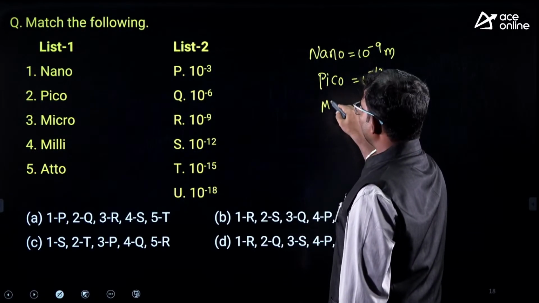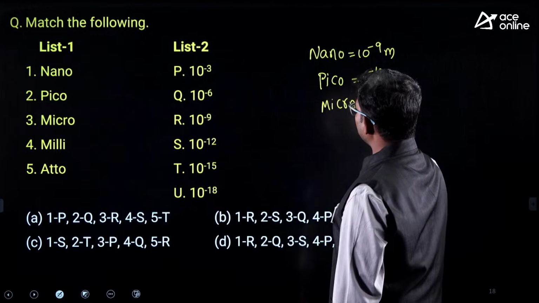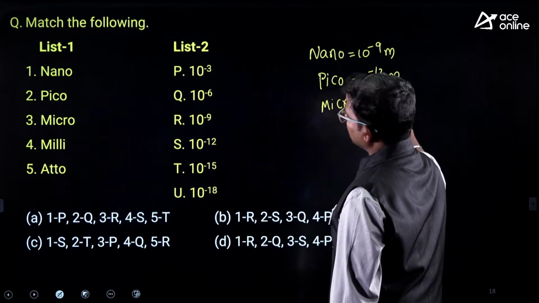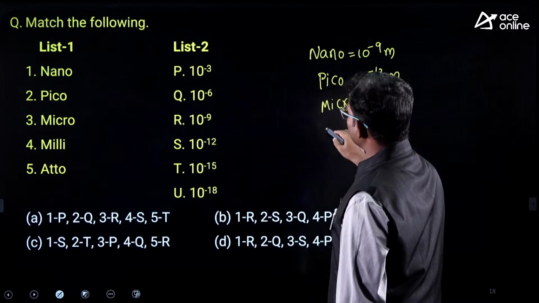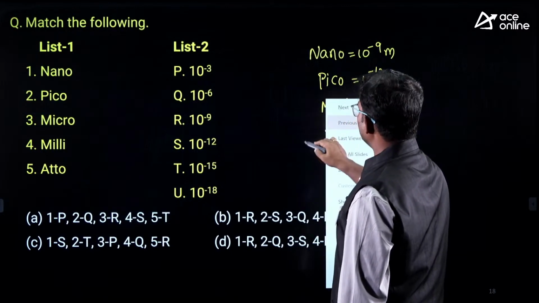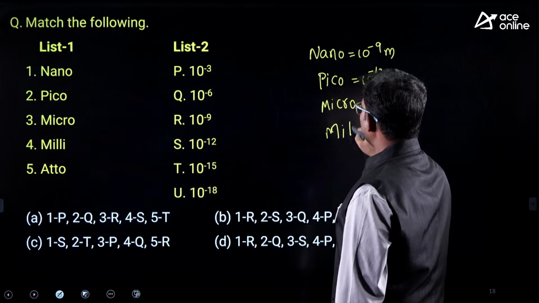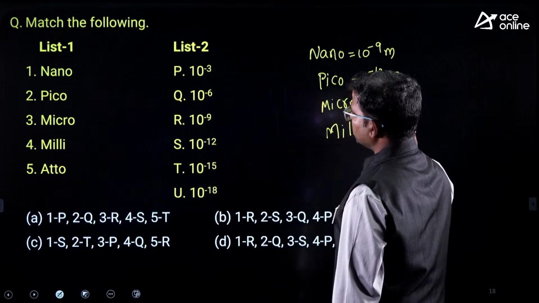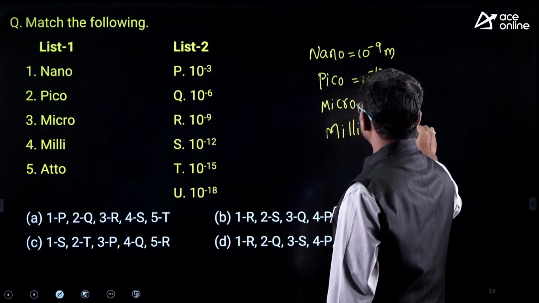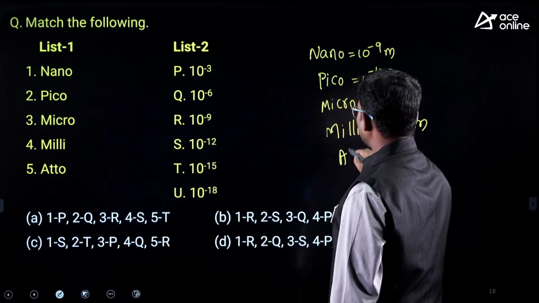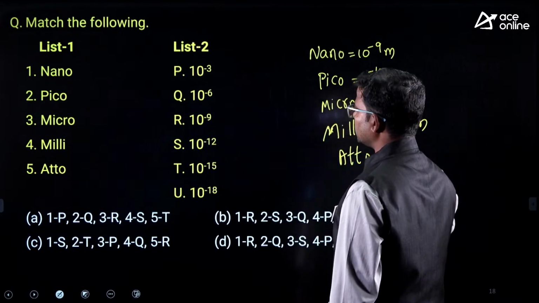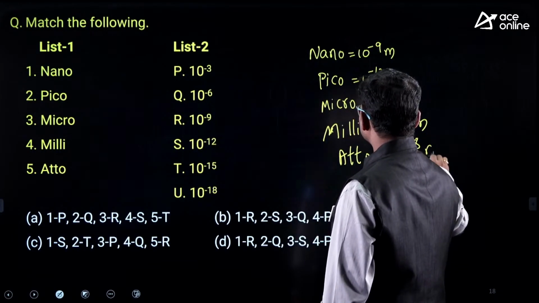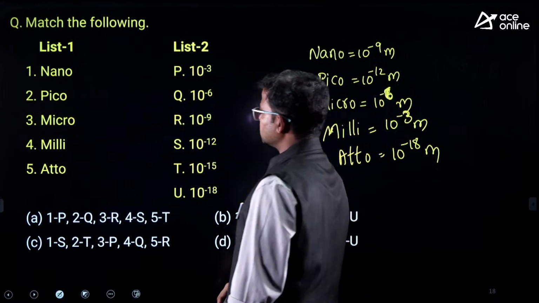Micro is equal to 10 power minus 6 meters. Milli is equal to 10 power minus 3 meters. Next, atto, which is equal to 10 power minus 18 meters.